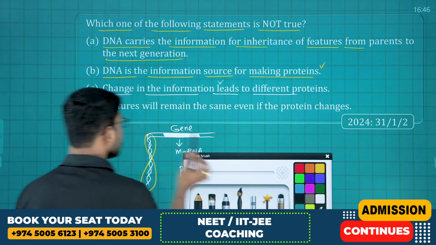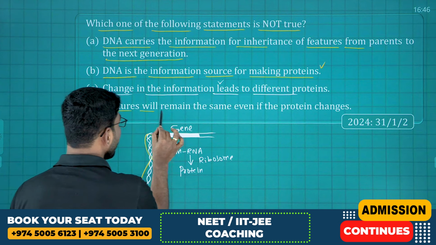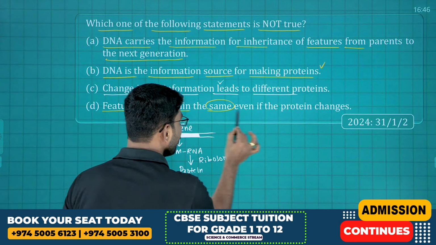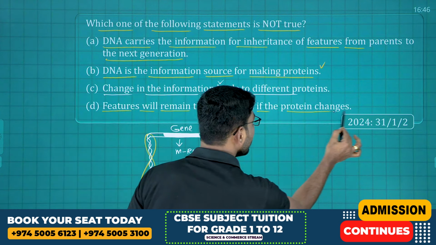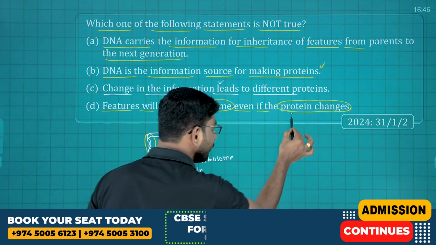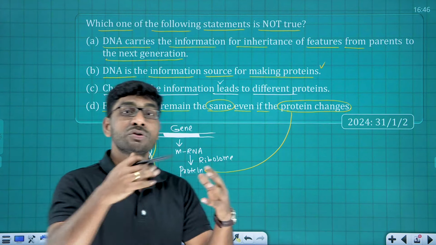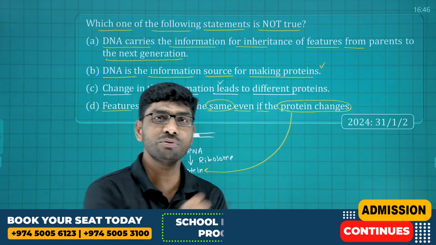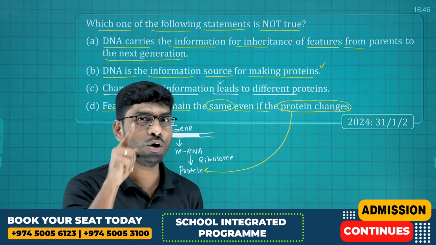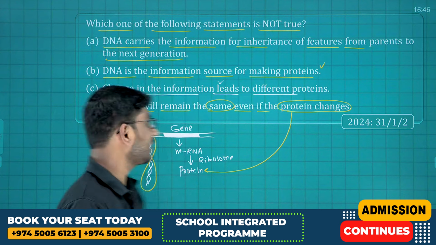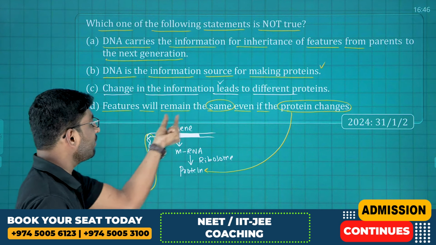Look at the last statement. Features will remain the same even if the protein changes. No. If this protein changes, characteristic features change, traits change, our symptoms change. You got my point? So remember all of you, the incorrect statement is features will remain the same.